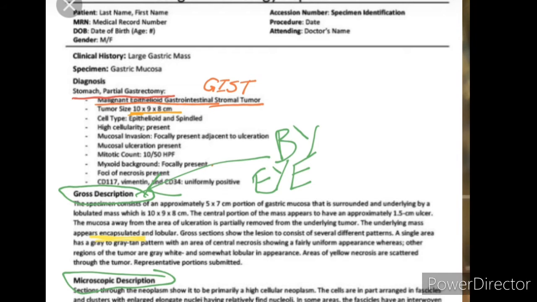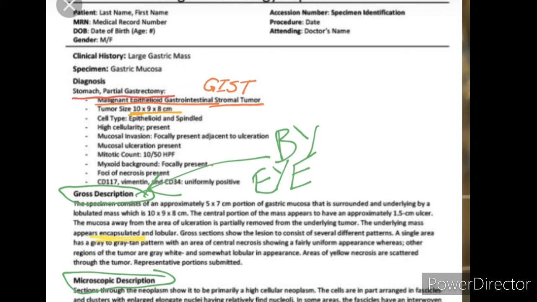Now, next thing down in the middle, encircled in green, it says gross description. Of course, this is tissue surgically removed from a person's stomach. It's a big cancerous tumor, so in a sense it is kind of gross. But in this case, gross doesn't mean that. What it means is a description of the large mass or the tissue that you can see by eye.